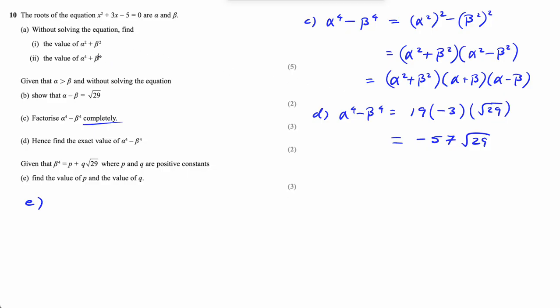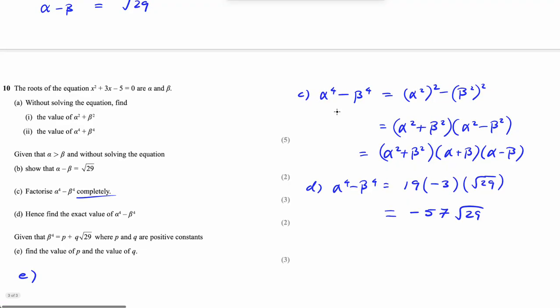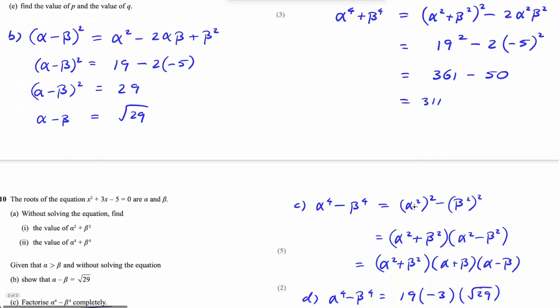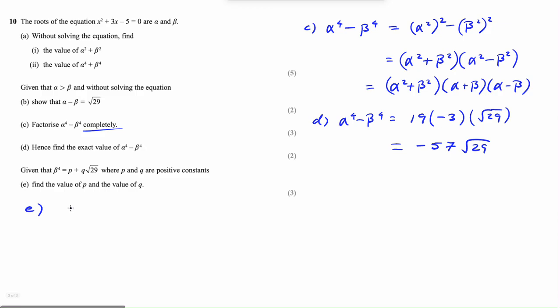Okay, yeah, we know the value of alpha to the 4 plus beta to the 4. Let me see what it is. It's 311. Okay, so alpha to the 4 plus beta to the 4 is equal to 311.